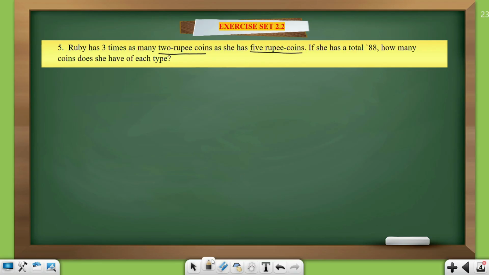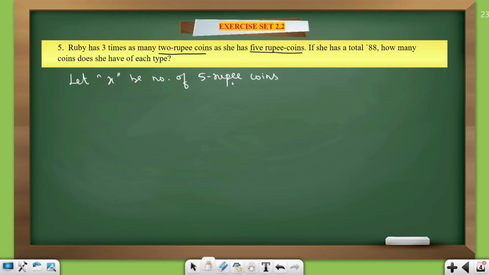Okay, so what we are going to do in this problem is, let us assume that x is the number of 5 rupee coins, because in this question they have clearly mentioned that she has 3 times as many 2 rupee coins as she has 5 rupee coins.